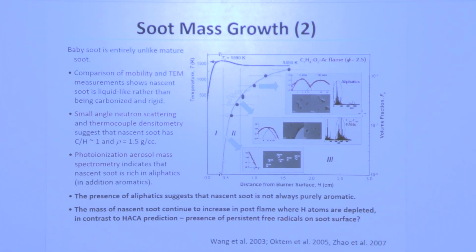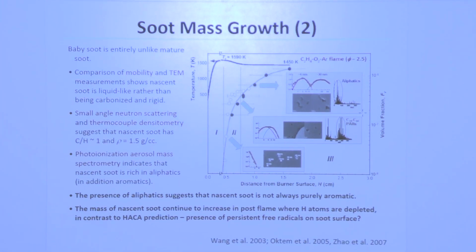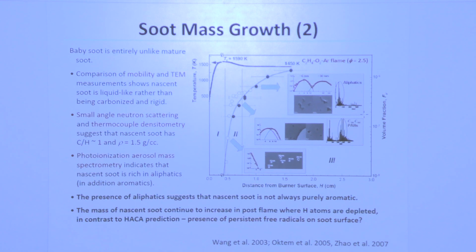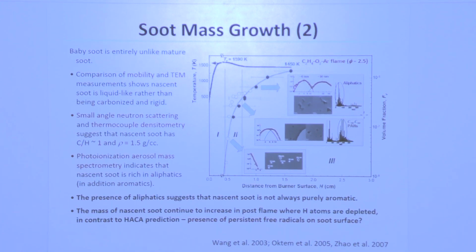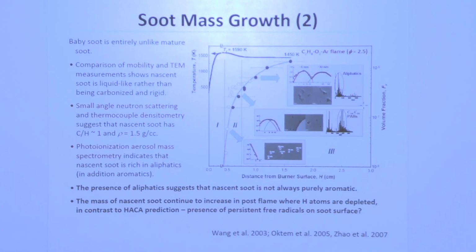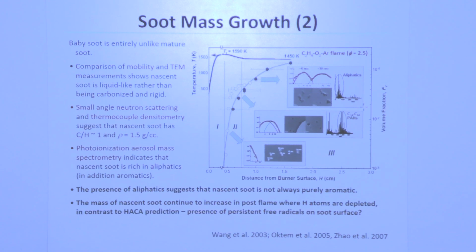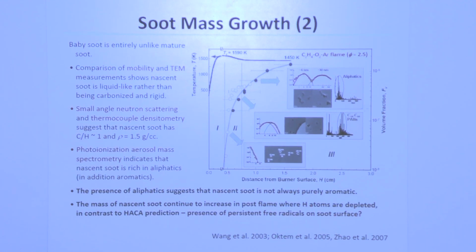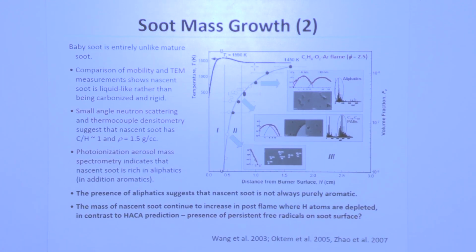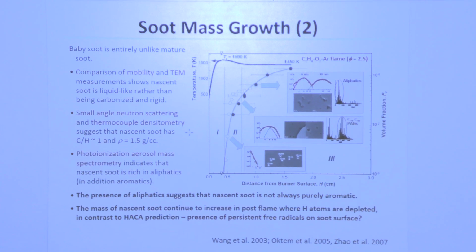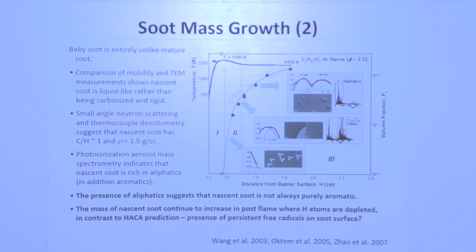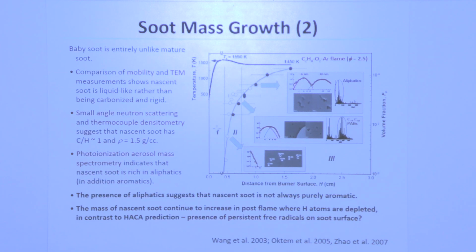So the whole key then is how do you make the radicals? In the particular conditions you have when you have soot nucleation happening, are you supplying enough radicals to keep on driving the process forward or not? And people have tried all kinds of stuff. So neutron scattering, densitometry, photoionization, many things to try to figure out what's going on.